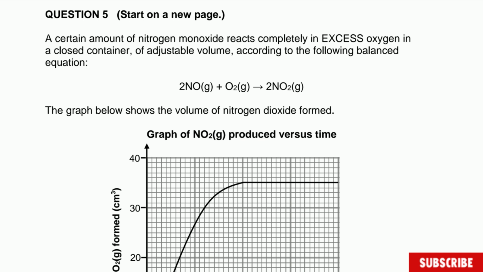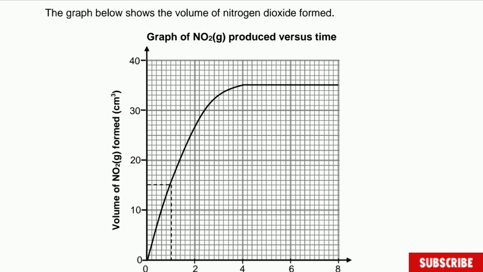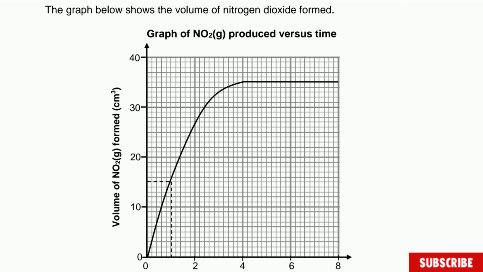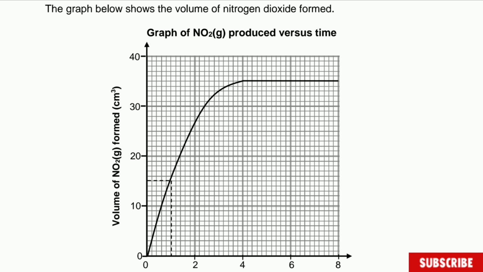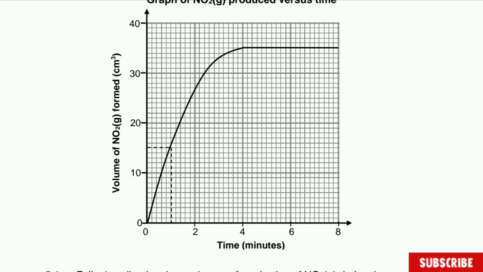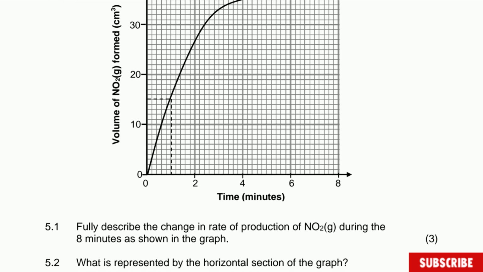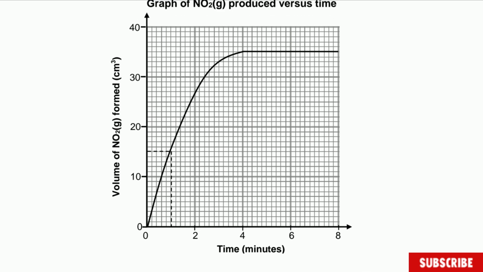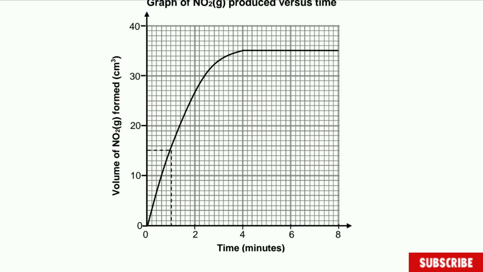The graph below shows the volume of nitrogen dioxide formed. So this graph represents the product that was formed during that chemical reaction. Now fully describe the change in rate of production of nitrogen dioxide during the 8 minutes as shown in the graph.